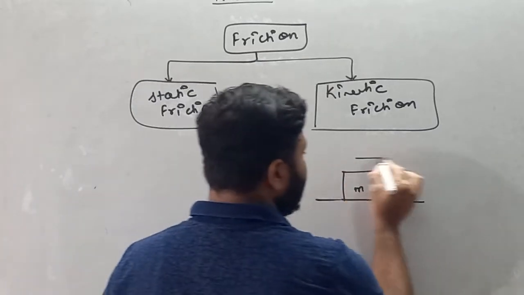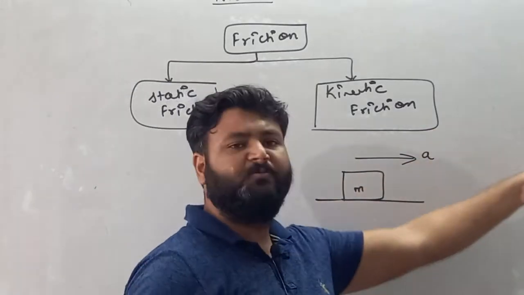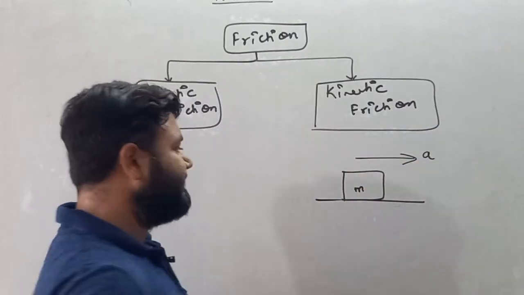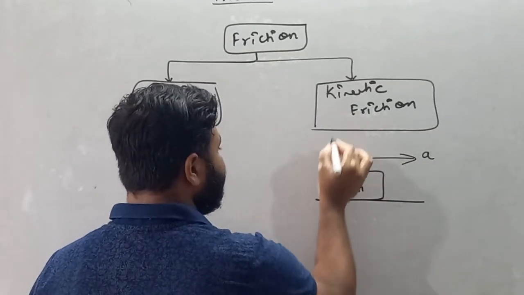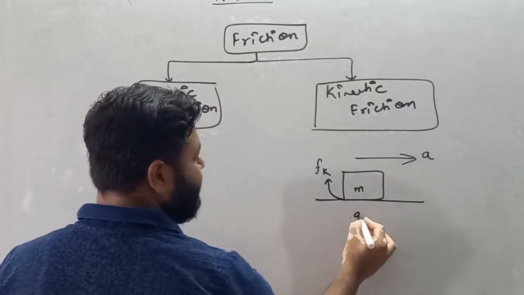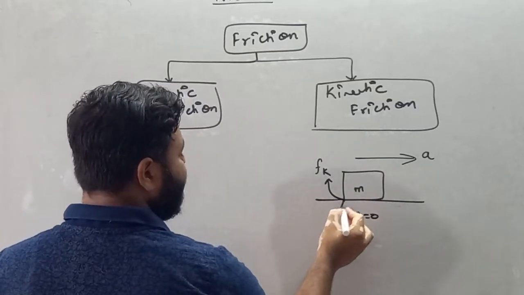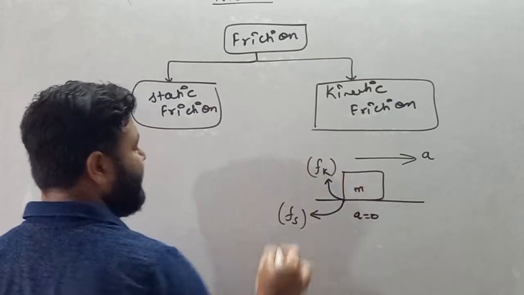And if the body starts moving with acceleration a, then the friction between the surface and the body is kinetic friction, and if the acceleration is 0, then the friction between surface and body is static friction.